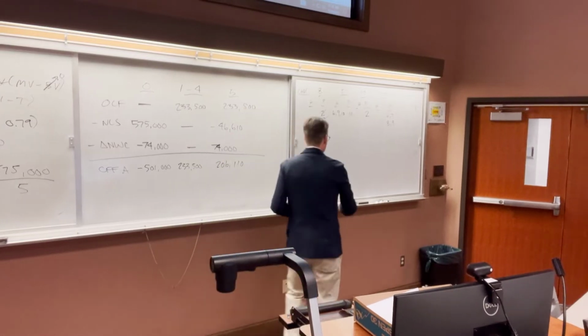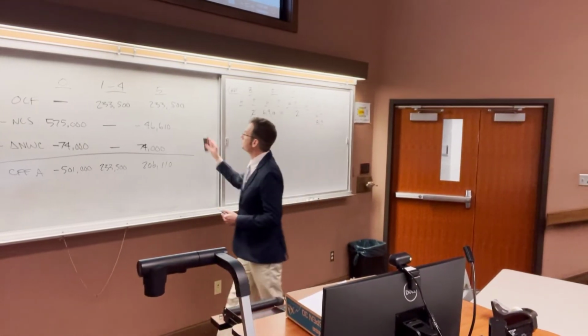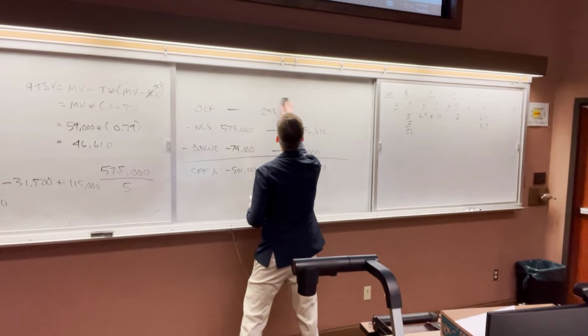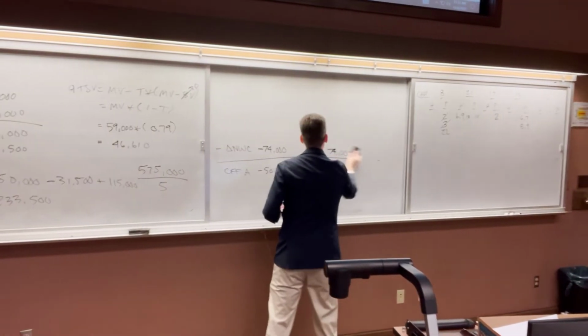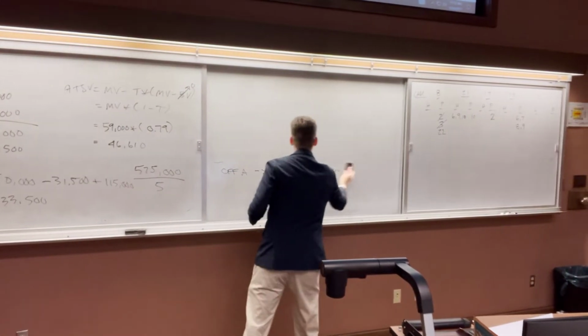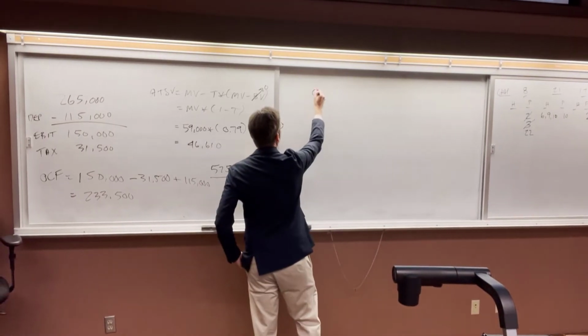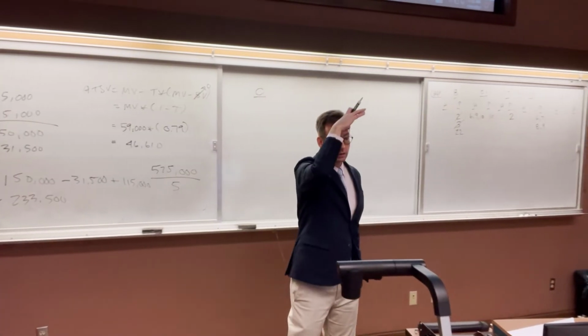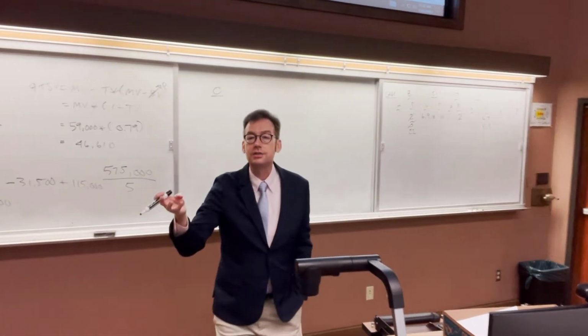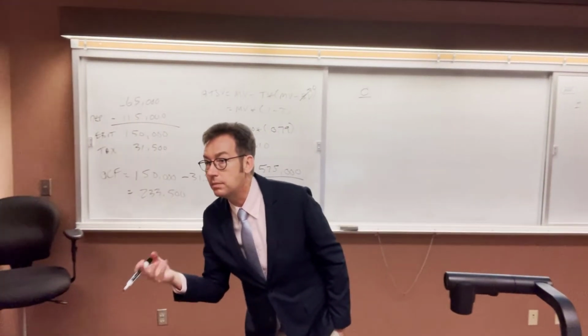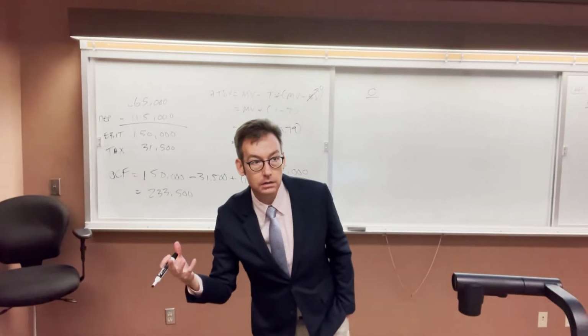So let's look at what our cash flows look like here. Here's 0. By the way, equivalent annual costs. So money going out is going to be positive or negative? Positive.